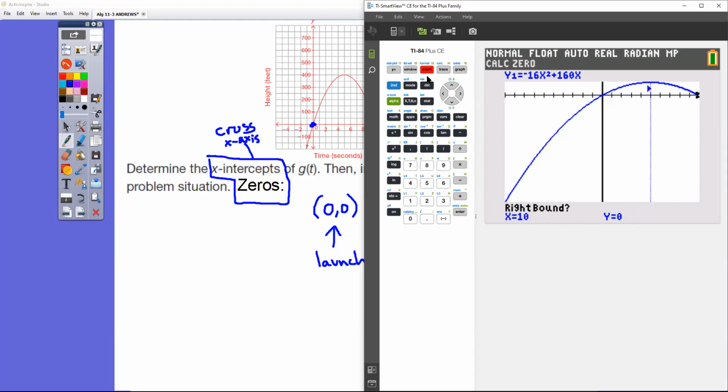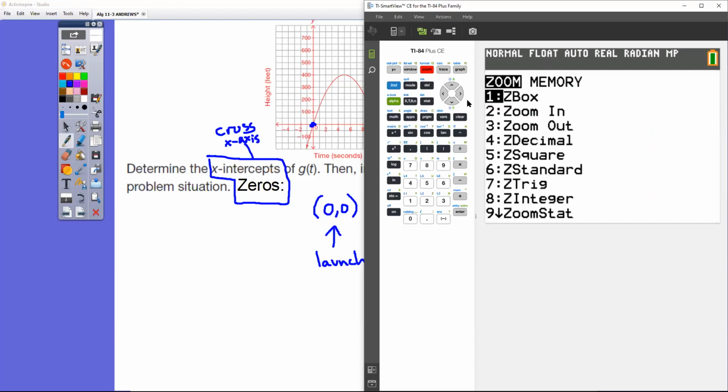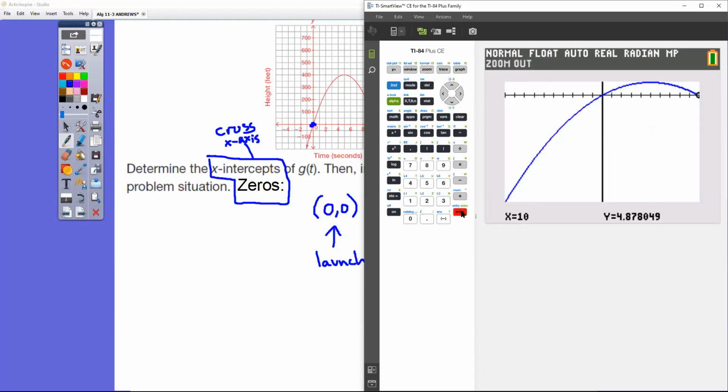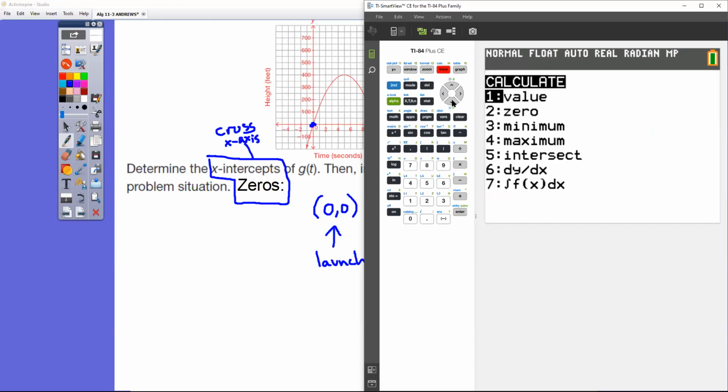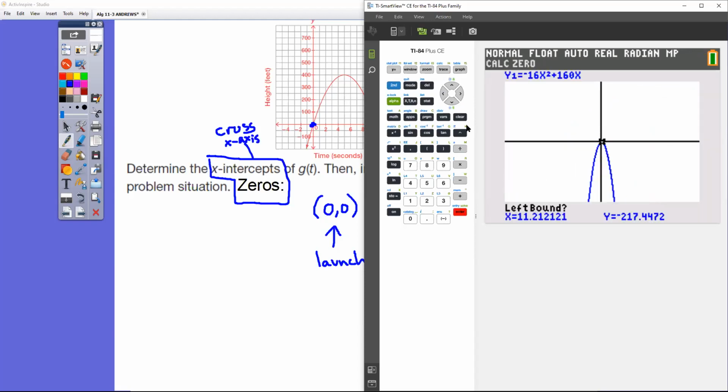Unfortunately, my graph ends right there, and it looks like my calculator froze, but there you go. You'd have to zoom out a little bit to keep on going. So now I'm on the right-hand side of where I think the zero is. Hit enter. I keep on zooming now. But you have to do a zero on the left-hand side and a zero on the right-hand side.